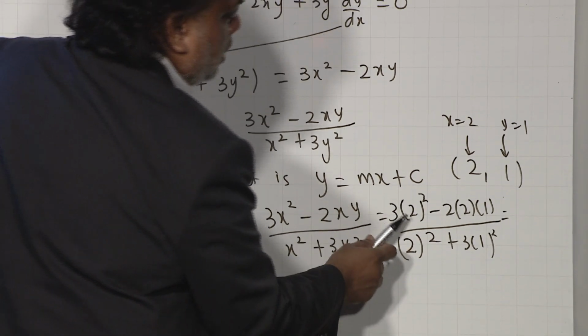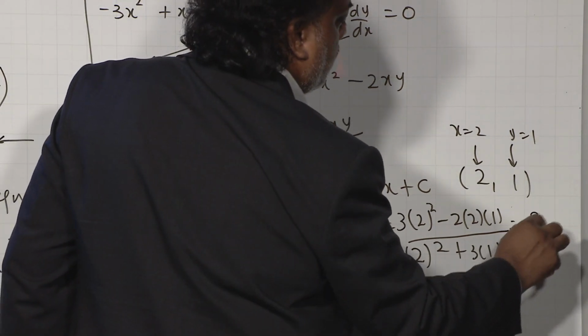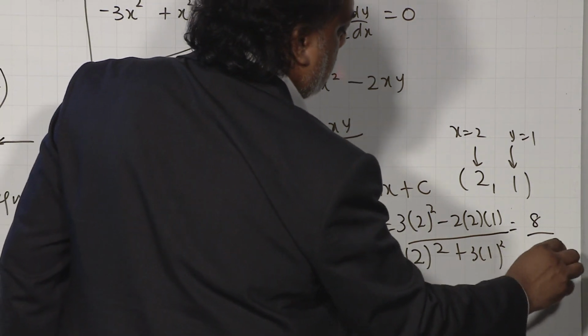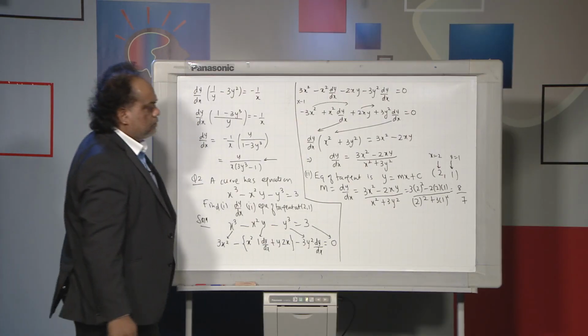So this gives me 3 times 4, 12. 12 minus 4, 8. 4 plus 3, 7. So the gradient is 8 over 7.